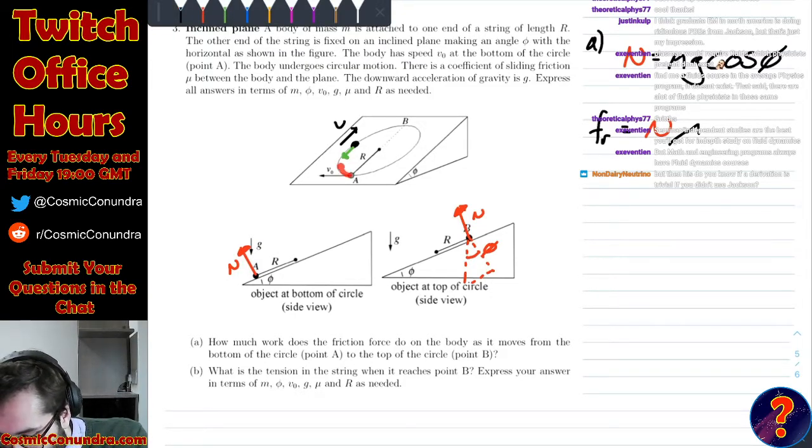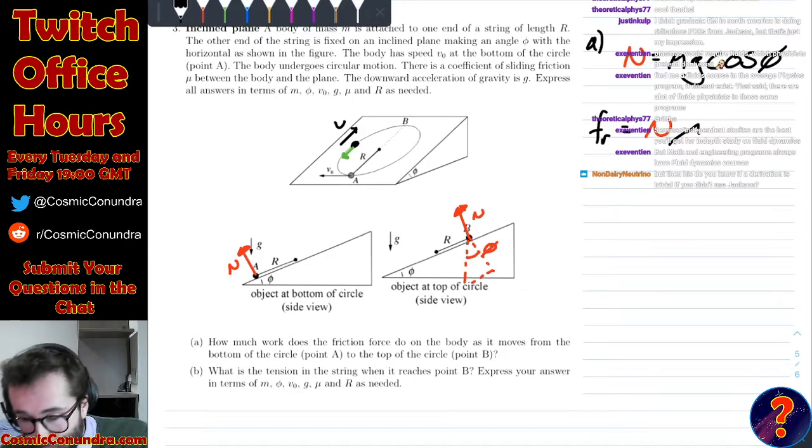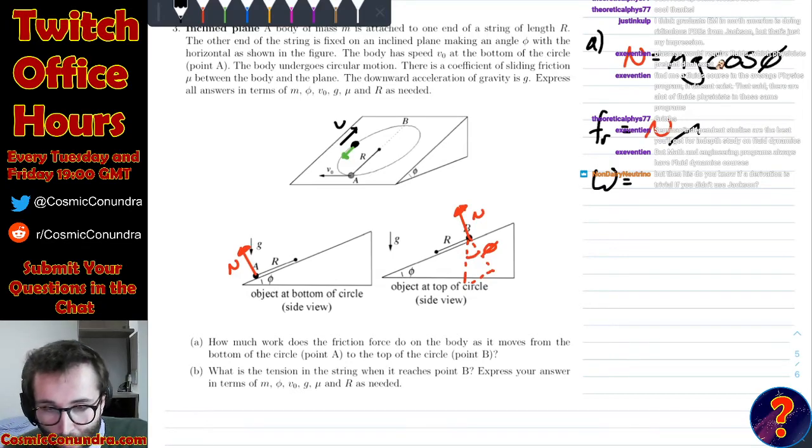So as it moves from the bottom to the top, it moves half of the total circumference of this circle. If you want to find the work done by this frictional force, you have to take the force that is applied to the particle in the direction that it's moving, multiplied by the distance that it travels.